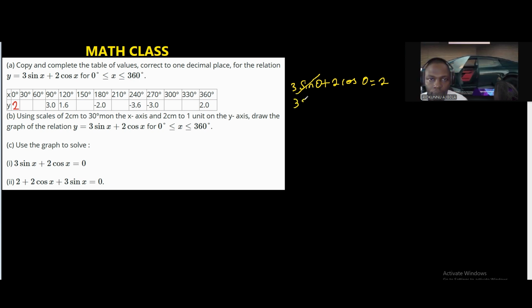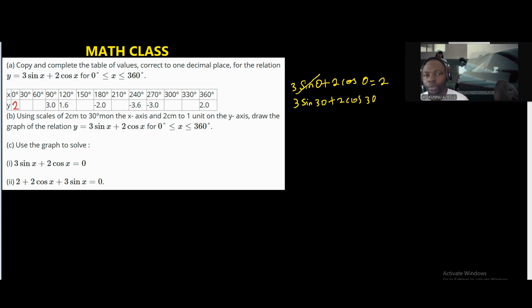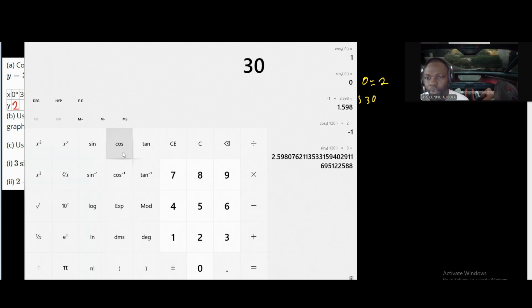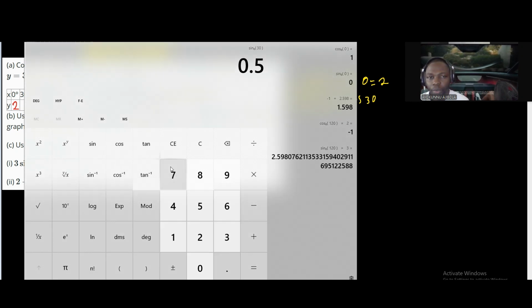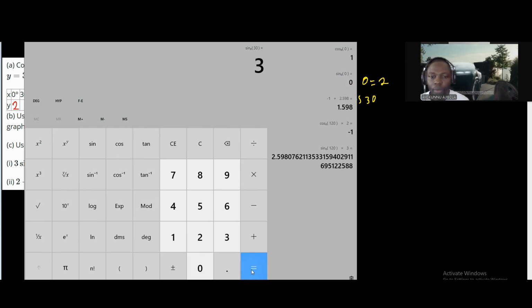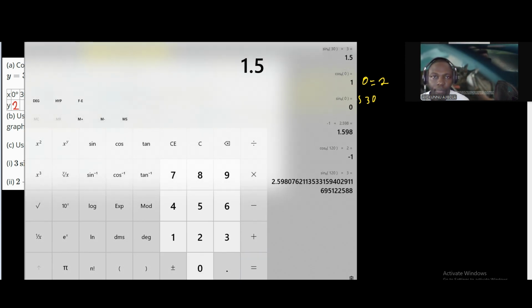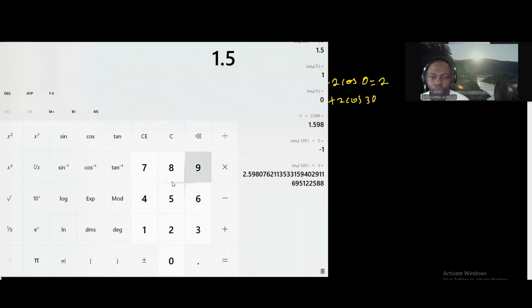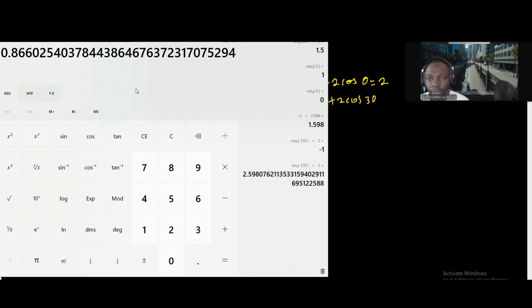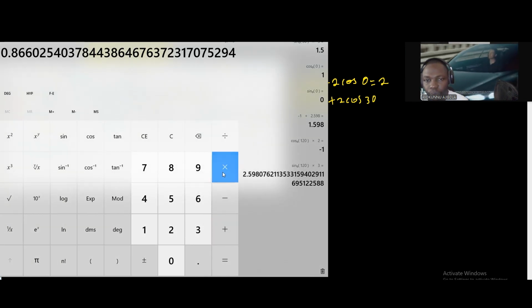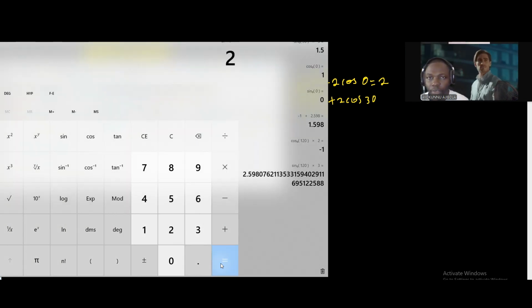Okay. So the next one is x equal 30. So we have 3 sine 30 plus 2 cos 30. So again, on the calculator, we get sine 30 to be 0.5. So if we multiply by 3, we get 1.5. Then cos 30 is 0.8660, then times 2 gives us this.